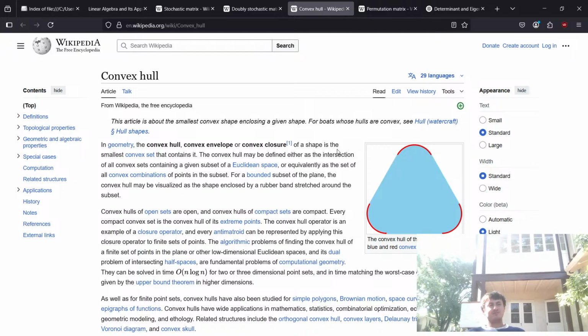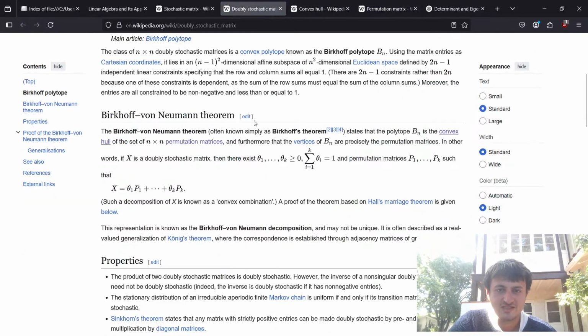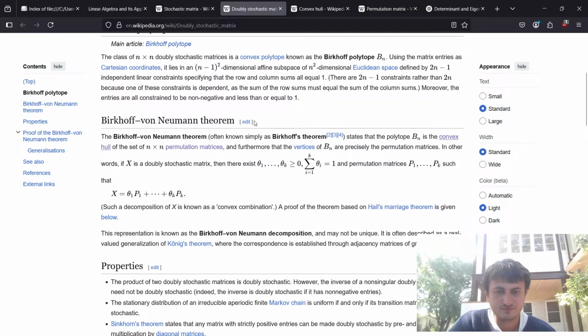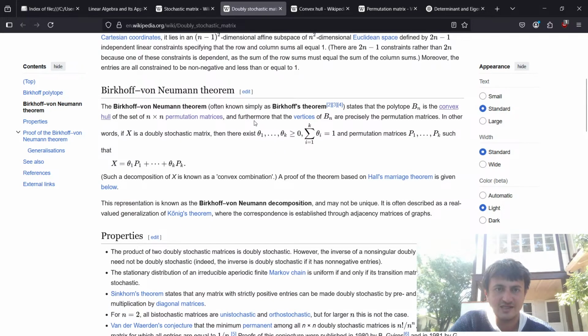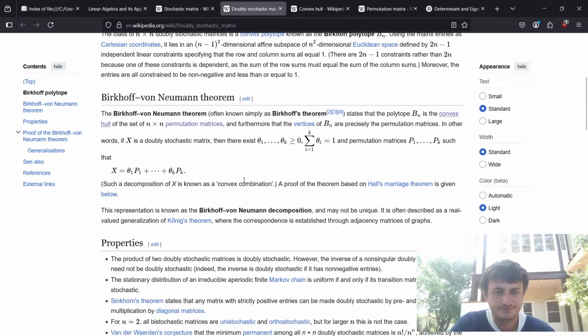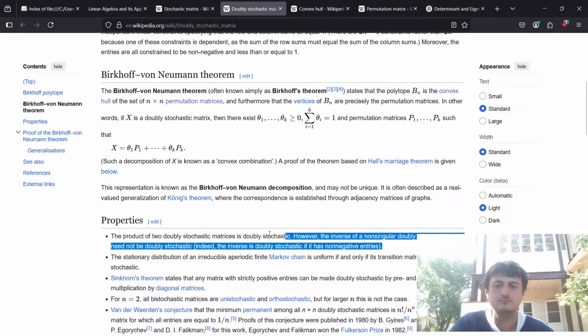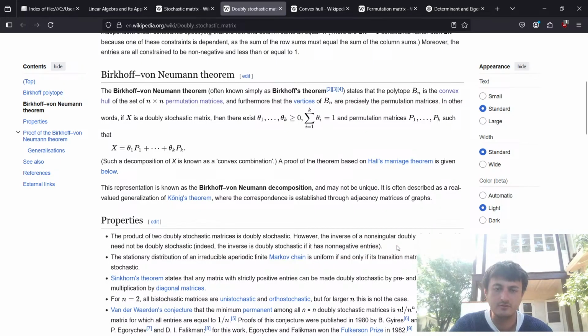The convex hull of the permutation matrix. Actually, I don't know if I quite... But I can see how permutation matrices and doubly stochastic matrices are really similar. Dude, that seems really fun.